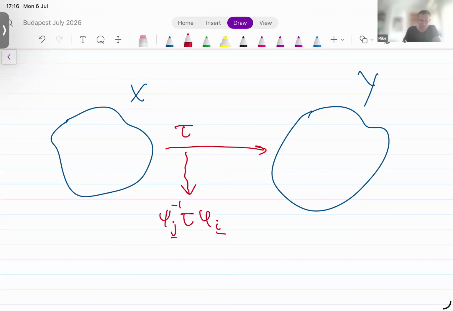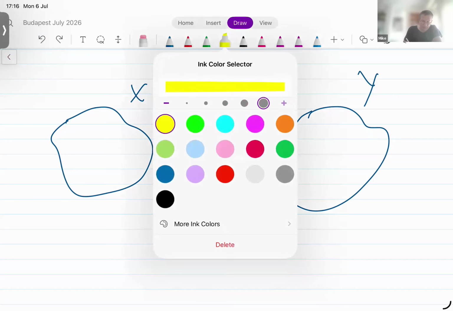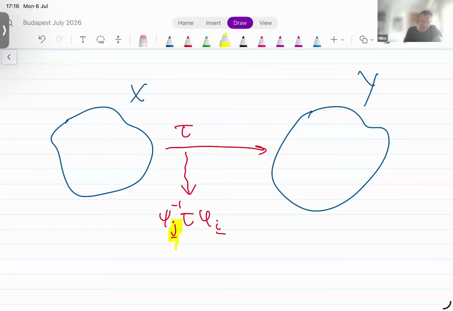So we had freedom to choose I any way we wanted. And then once we chose I, we got j determined for us, provided that we specify that we want the contraction to be of order 1.